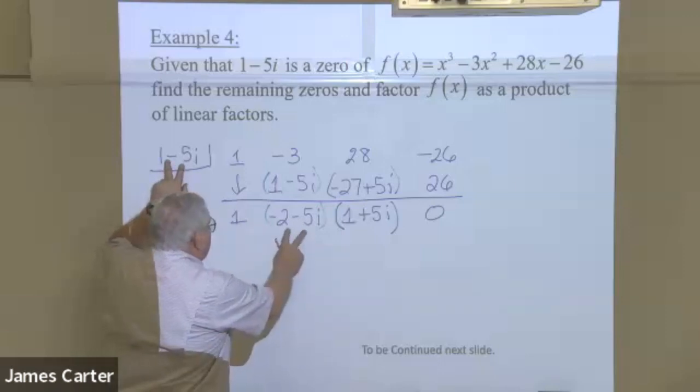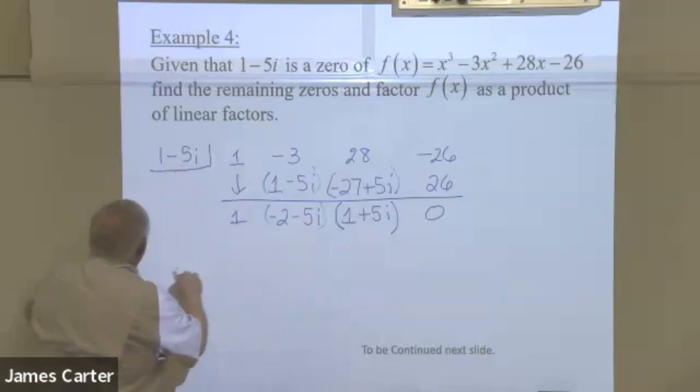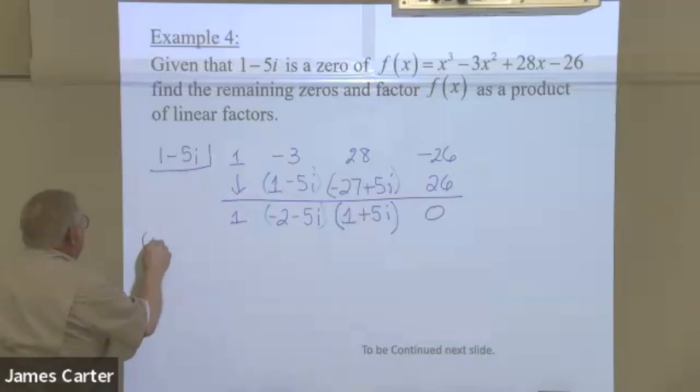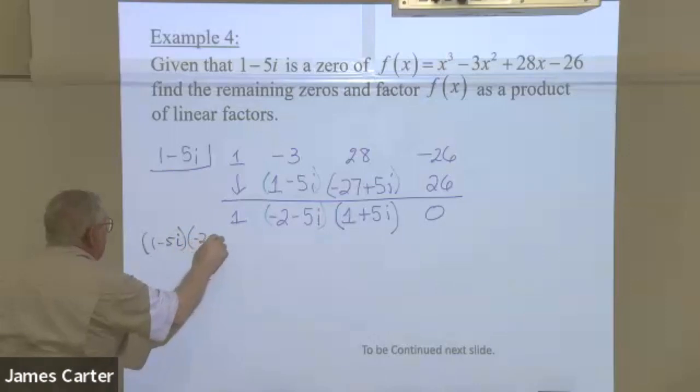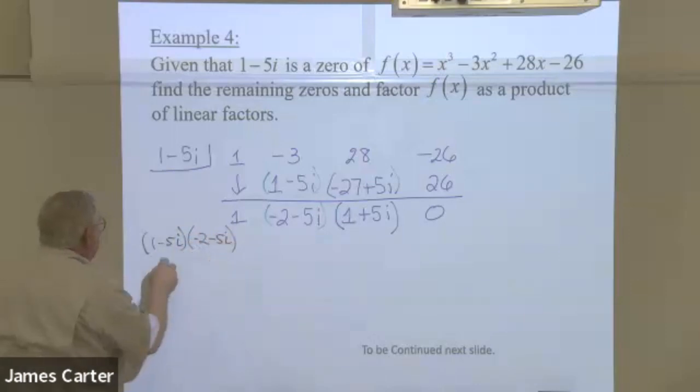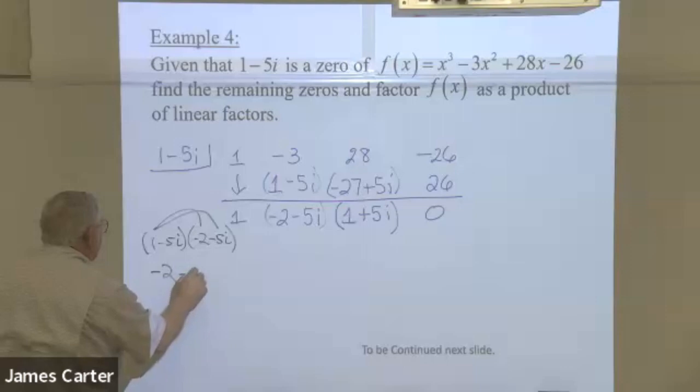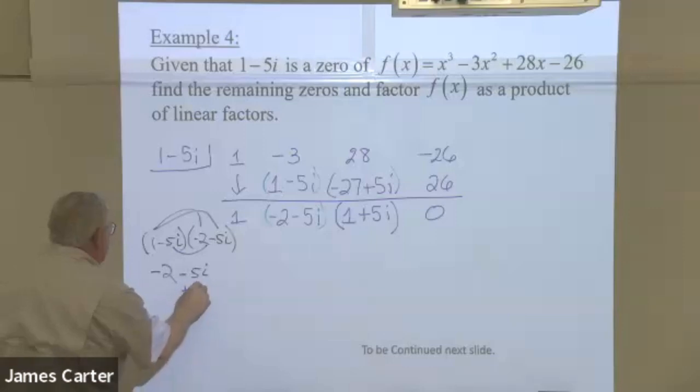Now I've got to take this. To do this, I've got to go off on the side. And do this. -2. -5i. Negative or positive 10i.